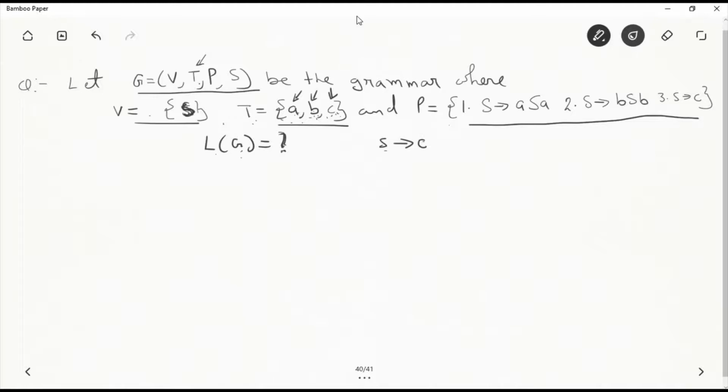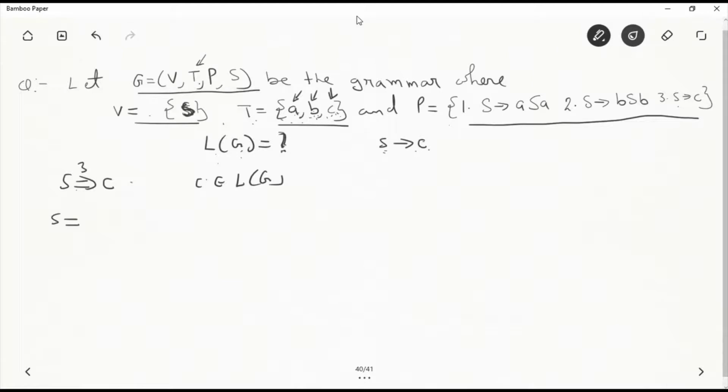Just see here, by using production rule 3, S is rewritten as C. So S directly derives C. Yes, sir. C belongs to the language generated by this grammar. So this is directly derivable.